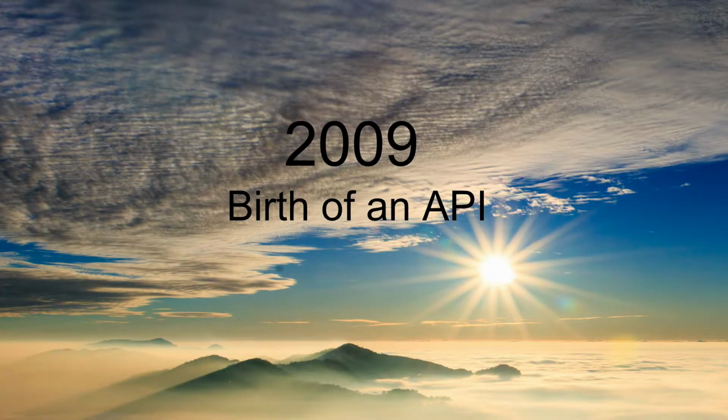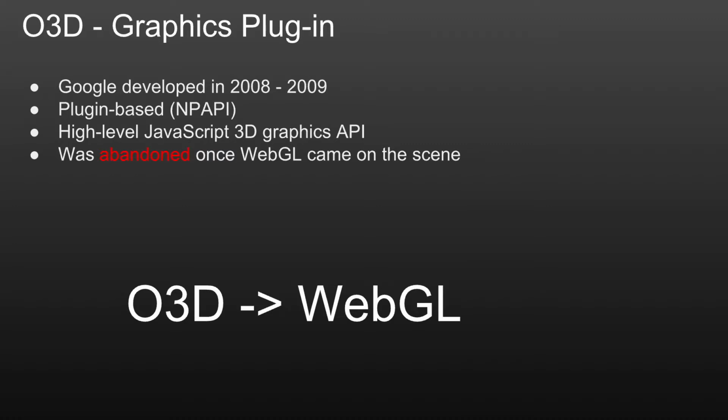So in 2009, I was working at Google, and I started some of the early experiments that led up to the Web Audio API. I was working on a team at Google that was developing a 3D graphics plugin called O3D. It was an NPAPI plugin, a high-level JavaScript API for doing 3D graphics.